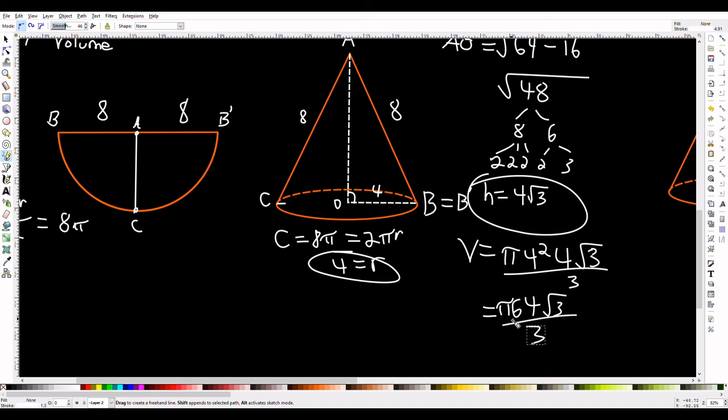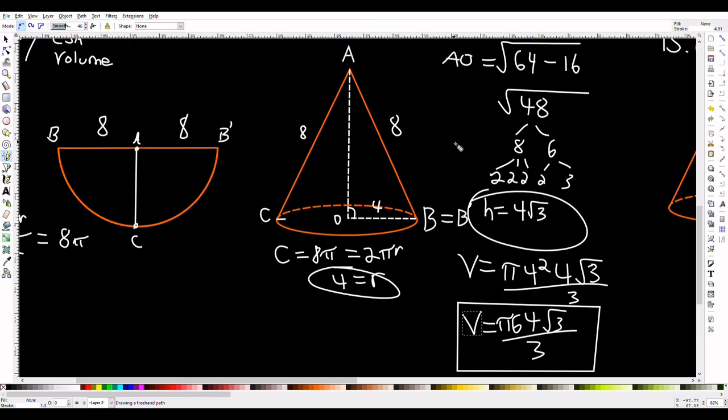Does 3 go into 64? 1, it does not. So, that's it. We have our answer. Volume equals pi times 64 times root 3 all over 3. And that is 15.7.